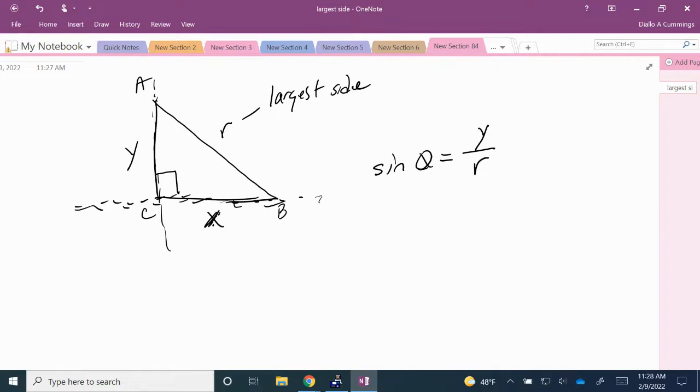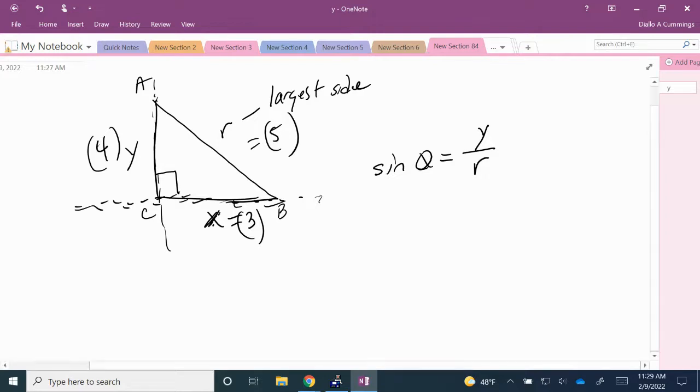And I'm just going to put some numbers to these. So I'm going to call this x is going to be 3, y is going to be 4, and r is going to be 5. Okay. So this is what's called a Pythagorean triple, 3, 4, 5. So if I take 5 squared, that should equal 4 squared plus 3 squared. All right, so we have a right triangle.